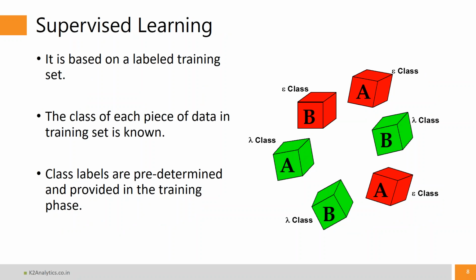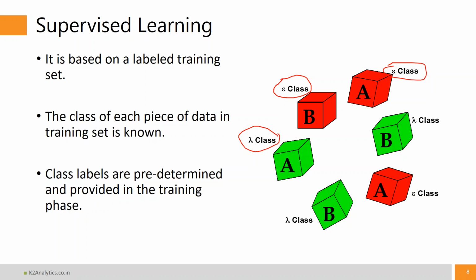However, if I now add some additional information, which is basically all these cubes I give a label. So some of the cubes I have given a label saying epsilon class. Some of them I labeled as a lambda class. Now with respect to the label, I ask you to analyze the data.